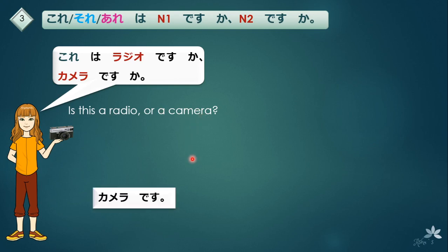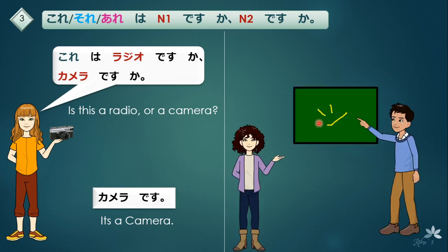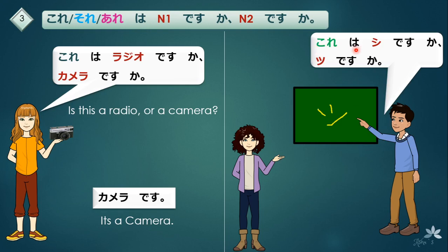Now in reply, this is a camera. So we say camera desu. It's a camera. Let me give you another example. There's something written on the board and the boy is a bit confused what alphabet it is. And he asks, Is this shi or tsu?